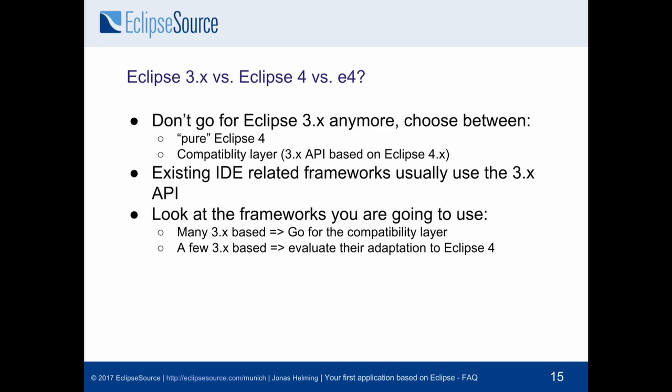If you have only a few 3.x based things, meaning if your own application is pretty small or only does a few calls to the Workbench API, I would evaluate whether it makes sense to migrate to the new API. And if you have nothing 3.x based, then I would go for the new API. It's that simple. However, that means if you write a tool, for example, if you extend CDT or JDT, it's very likely that you will use the old API because all this stuff is based on 3.x.